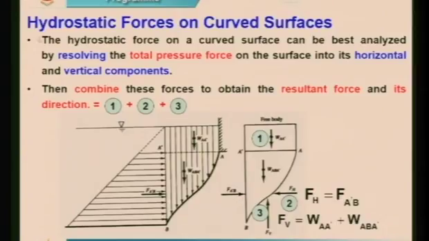So we need to determine how to calculate this F_H and F_V, two components, right. So I repeat by reading the slide. The hydrostatic force on a curved surface can be best analyzed by resolving the total pressure force on the surface into its horizontal and vertical components. As I explained, there is an F_H and there is an F_V, right.